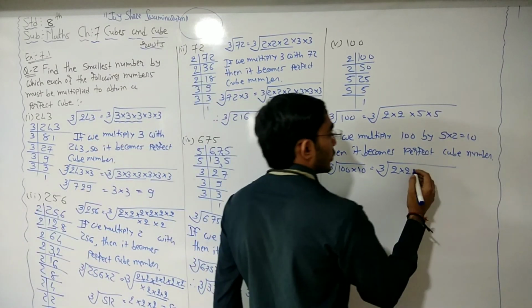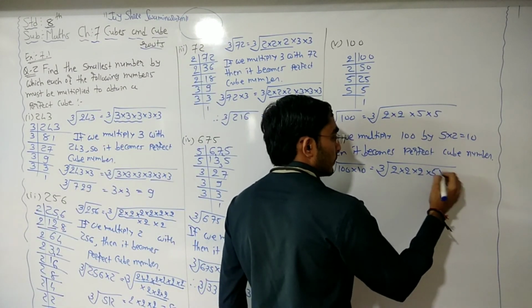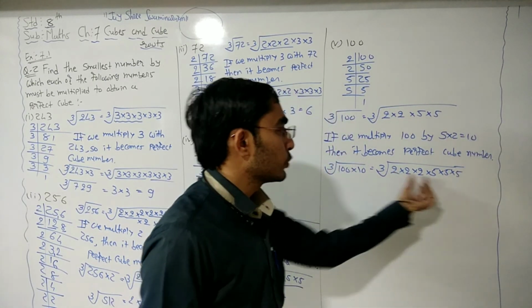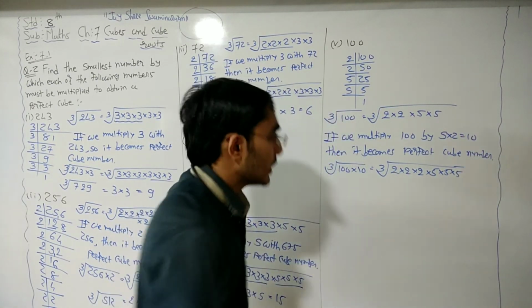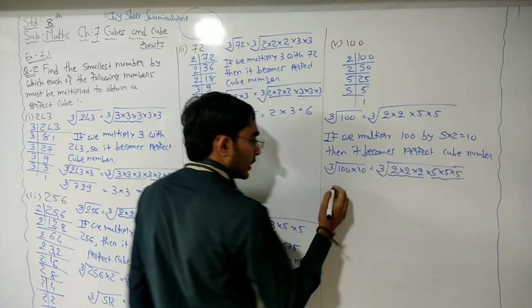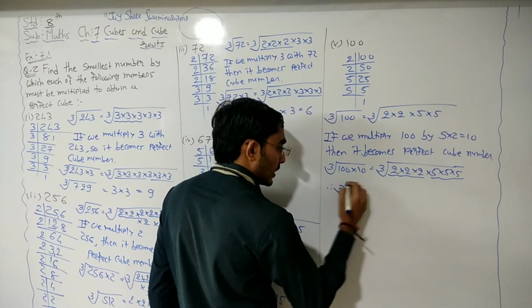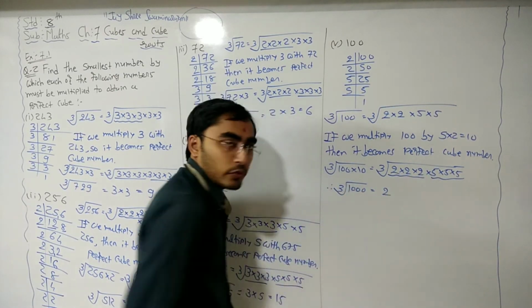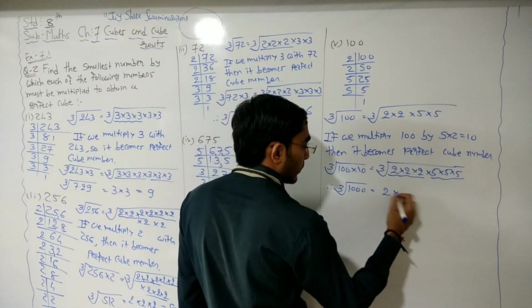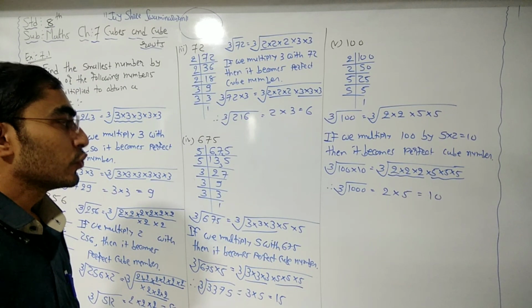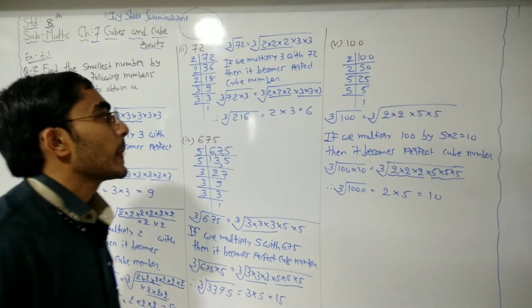So one time 2 and one time 5. Okay, if we multiply 10, so 2 times 2, 2 times 5, and 2 5s are 10. So here we have the pair of 2 and we have the pair of 5. So here 10 into 100, it becomes 1000. Now from 3 times 2, 1 time 2, from 3 times 5, 1 time 5, so 5 2s are 10. Okay, so the cube root of 1000 is 10.